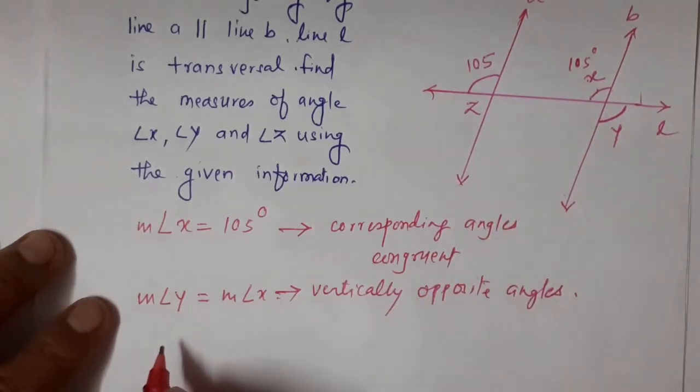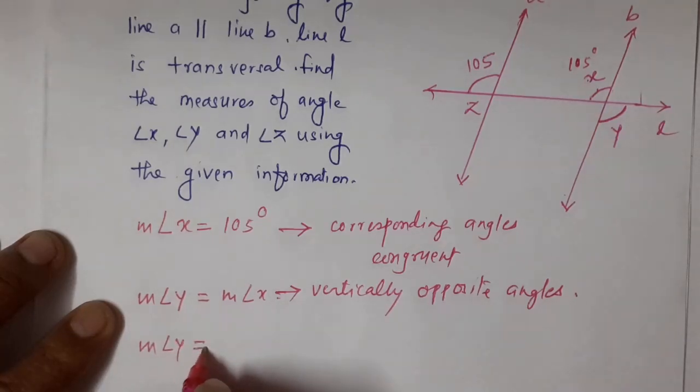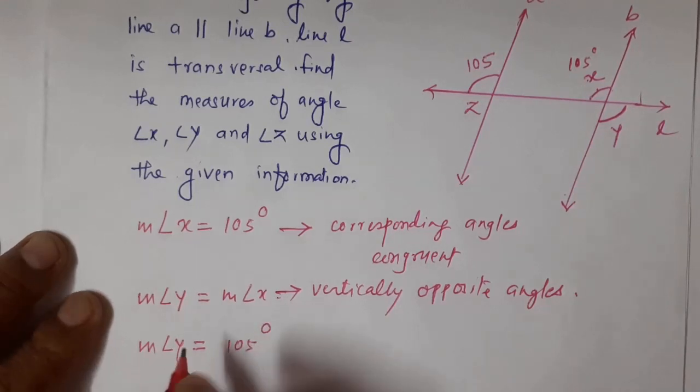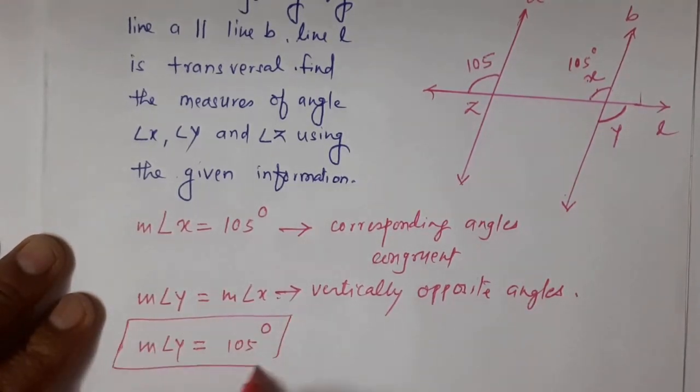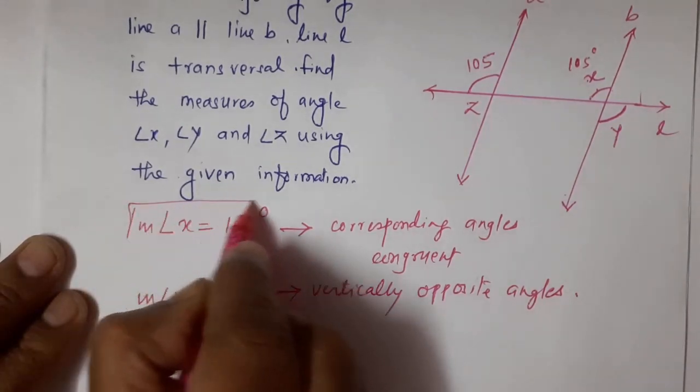So the measure of angle Y is equal to what? 105 degrees. So we have found out that the measure of angle X is 105 degrees.